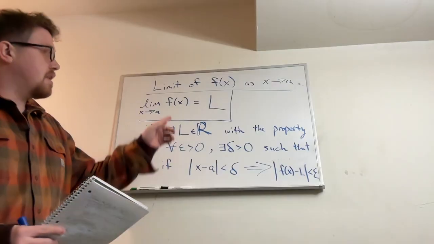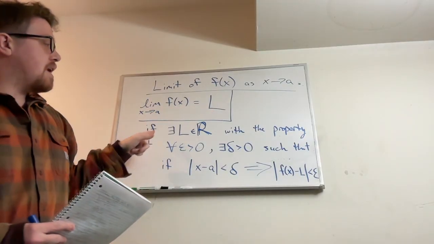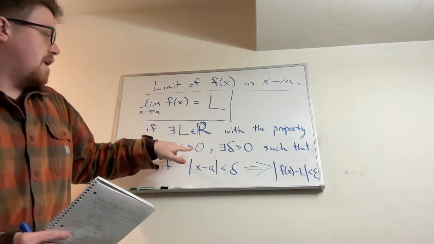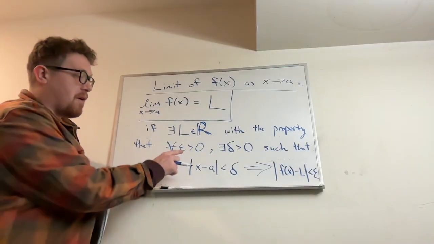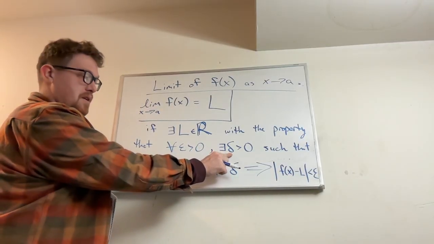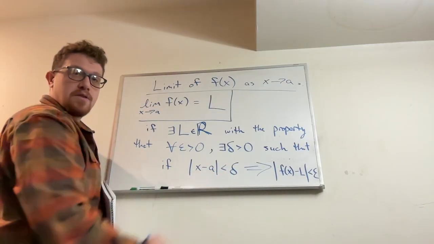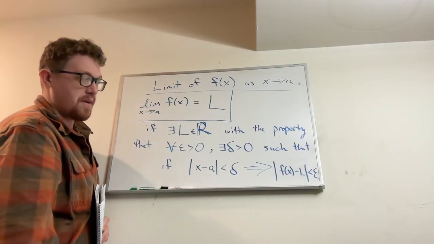So it's saying that the limit of the function exists and it's equal to L if there exists a number L with the property that no matter which number I pick that's greater than 0, so no matter how small I make epsilon, there is always some small number delta, such that if x is really close to a, it's delta close to a. It's within delta distance of a in absolute value.